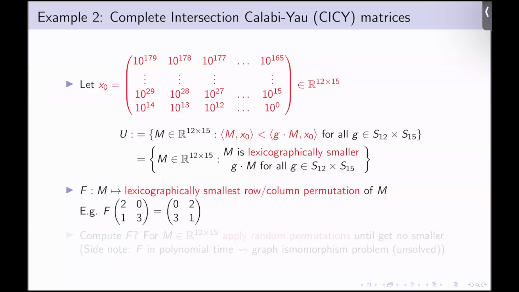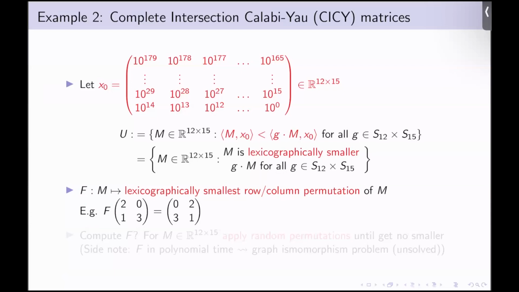So then your map F sends M to a lexicographically ordered version of M. For example, F of this 2 by 2 matrix is 0, 2, 3, 1.